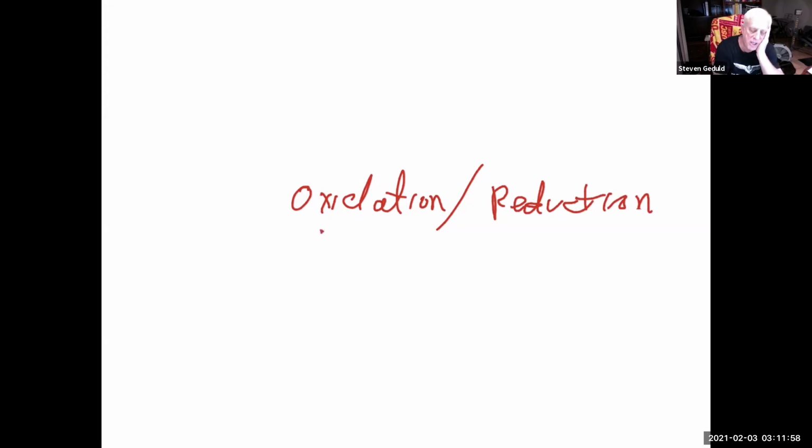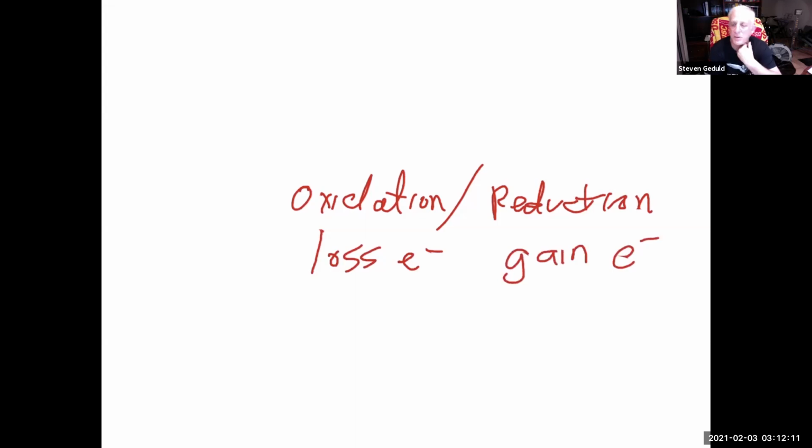Oxidation is the loss of electrons. Reduction is the gain of electrons. When we're dealing with organic chemistry, oxidation is going to be adding oxygen.